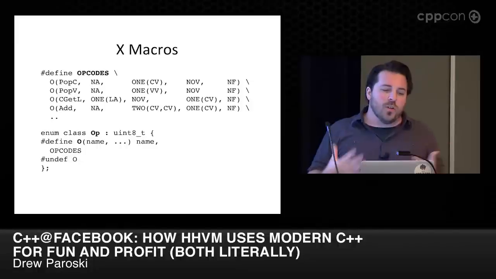And what you can do is when you want to leverage this table in different settings, you define O to do whatever you want to do. Then you use the opcodes macro, and then to be hygienic, you undefine O. In this case, this is a simple example.